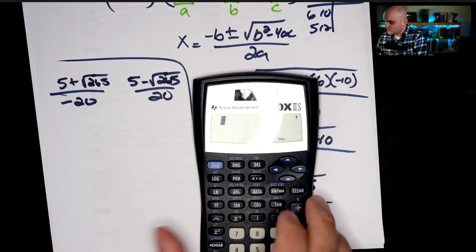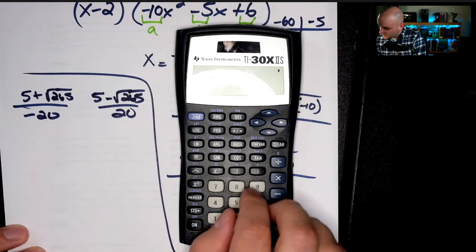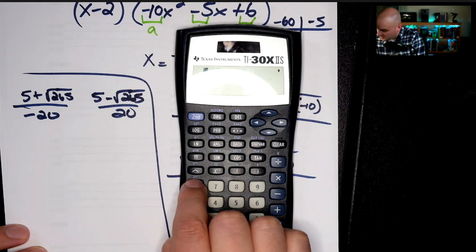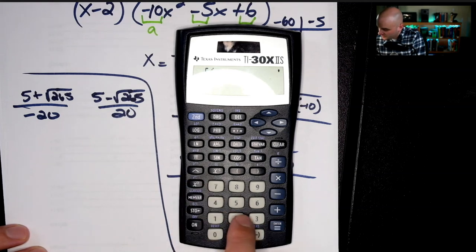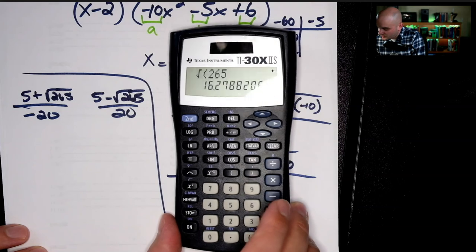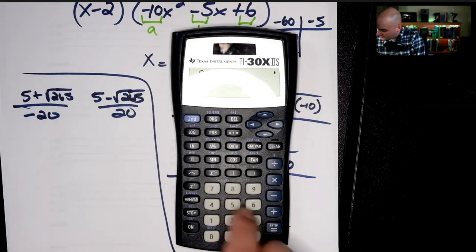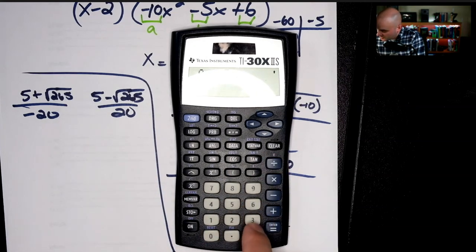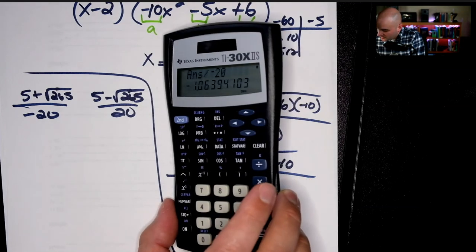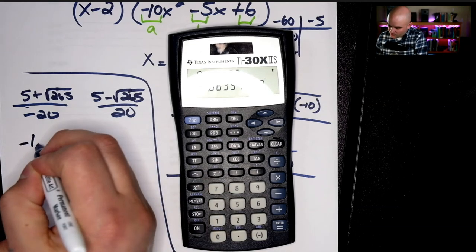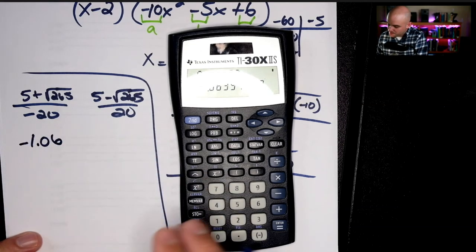If I take the square root, second and then the square key, square root of 265, hit enter, and I get 16.27. So that's just the square root of 265. I'm going to add 5 to it, and then divide by negative 20, and I get negative 1.06 here.